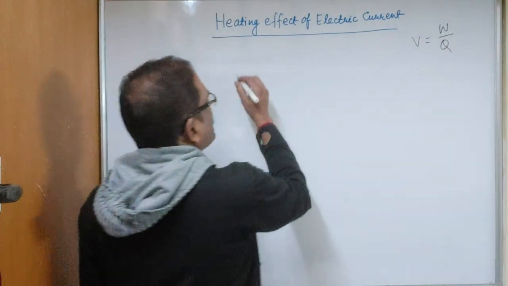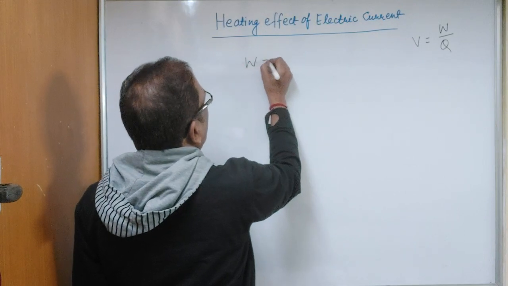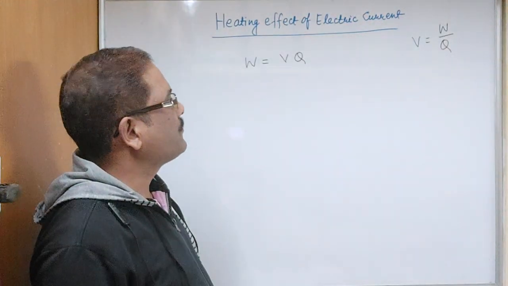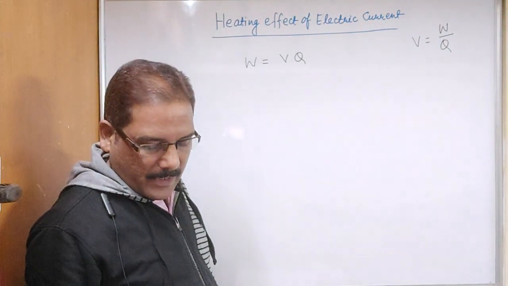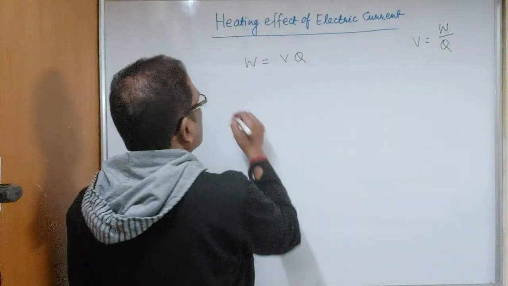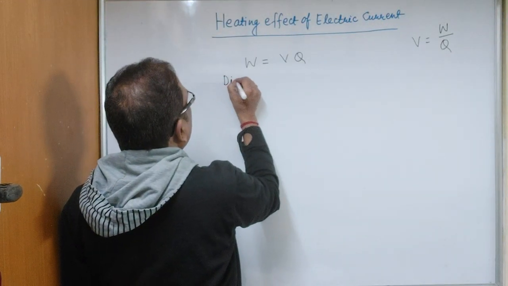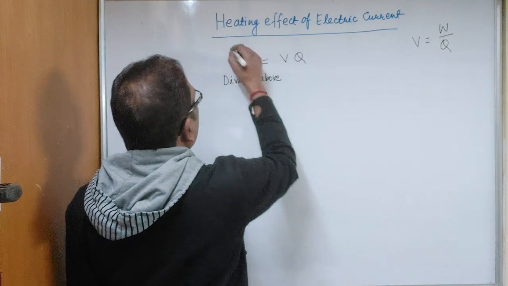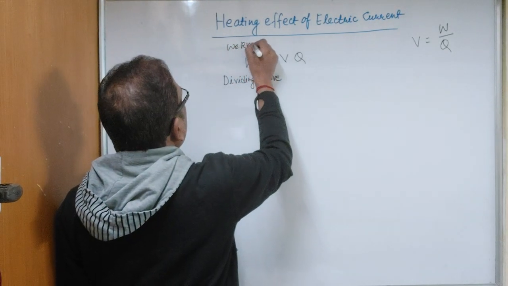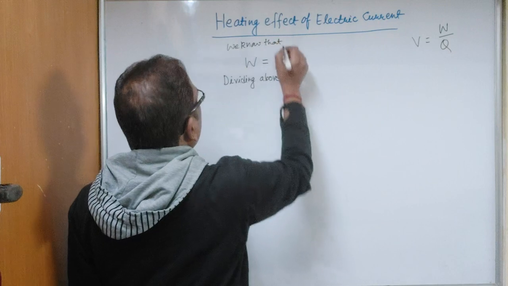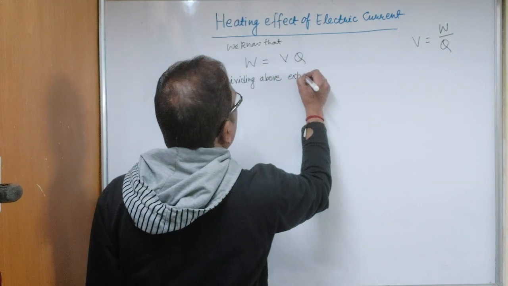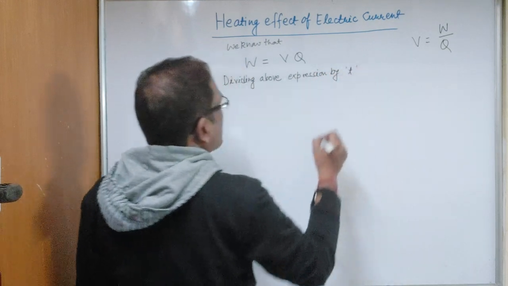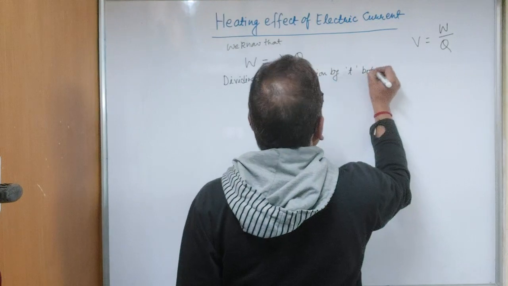Now from that expression, we can write W is equal to V into Q. Now divide the above expression by t, where t stands for time, on both sides.